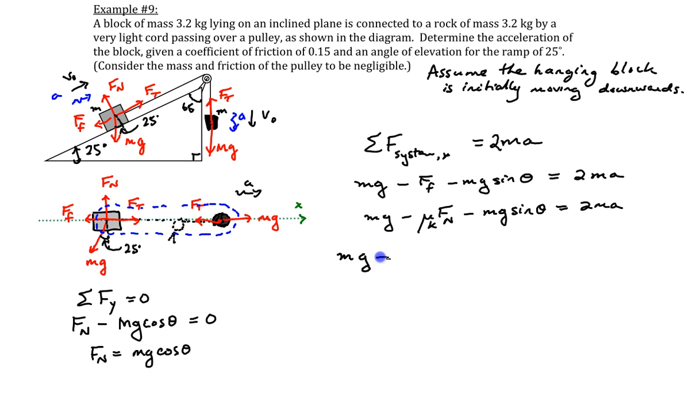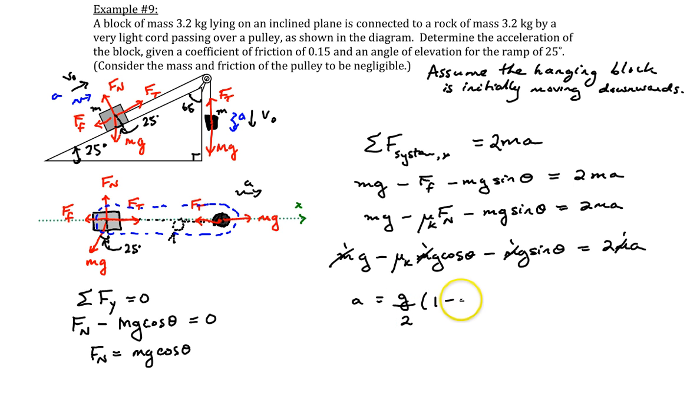We have mg minus mu k times mg cosine theta minus mg sine theta equals 2 times m times a. And you can see that the m's will all cancel out. We can see that there's a g in each term, so we'll factor out g divided by 2, and then we'll have 1 minus mu cosine theta minus sine theta.